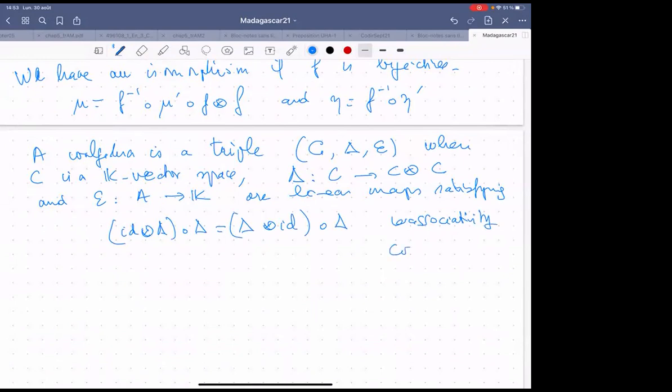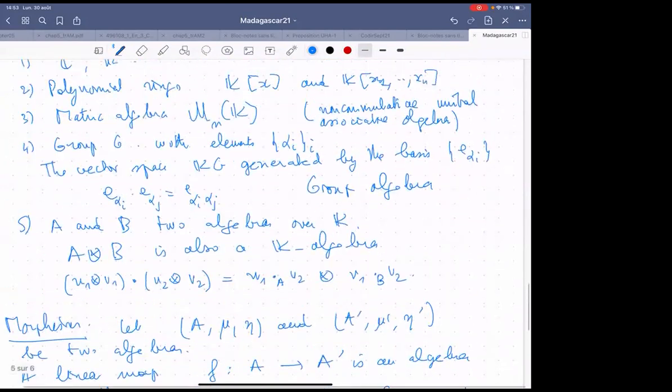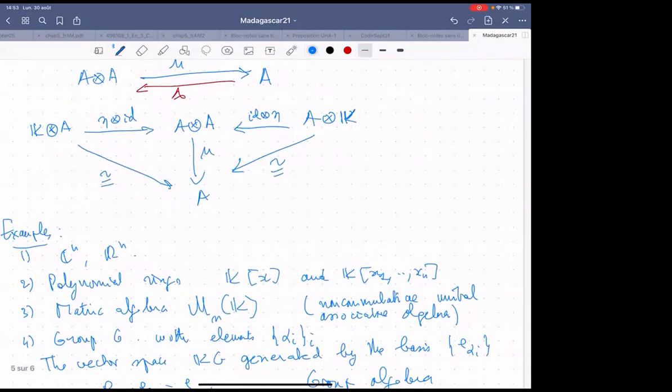We get in the same way co-unitality by reversing the arrows and replacing eta by epsilon. Here epsilon tensor identity, and here delta, and here identity tensor epsilon, and this delta.